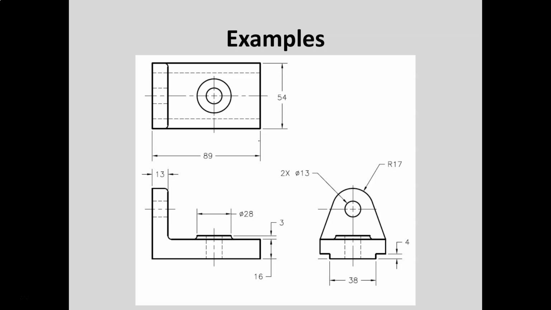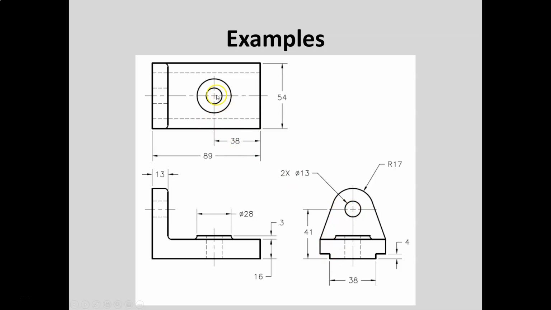Now we just have to locate certain features. And I can already tell you what we need to locate. We need to locate this cylinder and hole. We need to locate this hole. And that's about it. So let's see. There's the location of the cylinder and hole from the front surface. There's the location of this hole from the bottom surface.